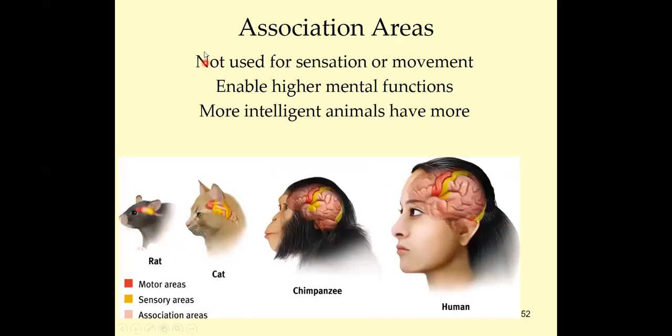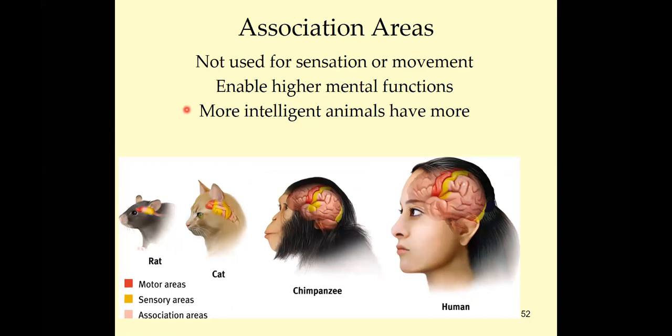Okay. Now we move on to having a look at association areas of the cerebral cortex. Association areas are those that are not devoted to sensation or movement. These areas generally enable our higher mental functions: thinking and calculating and making decisions, and perception, trying to figure out what different things mean and so on.